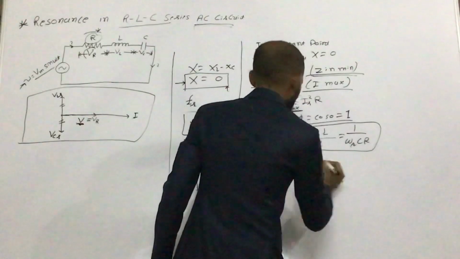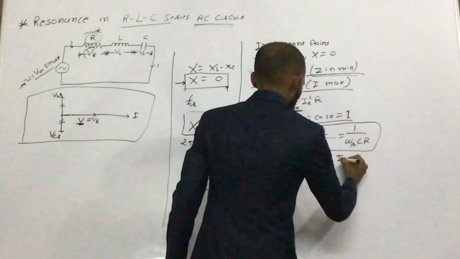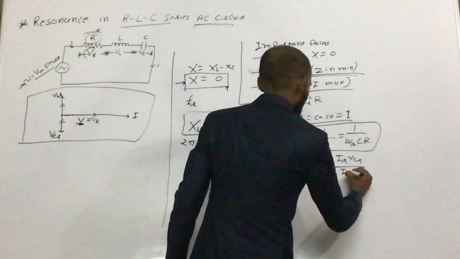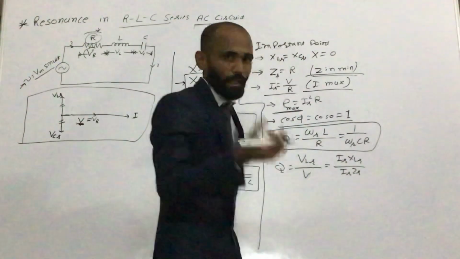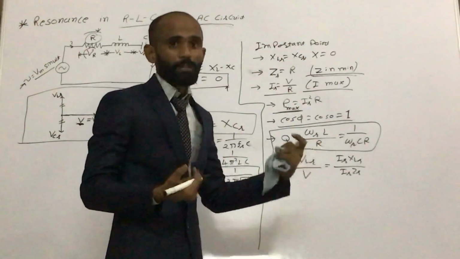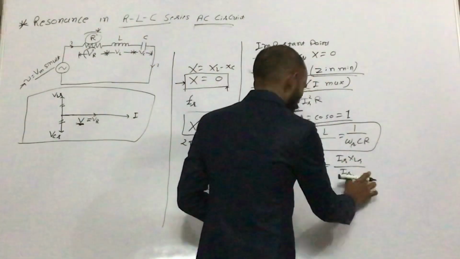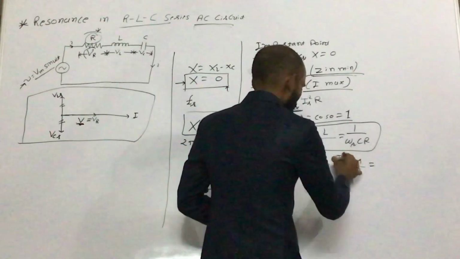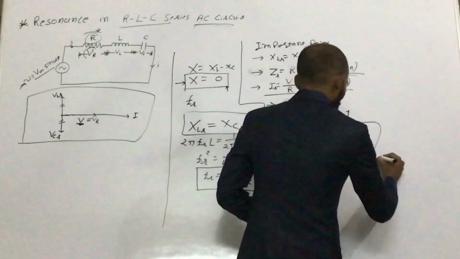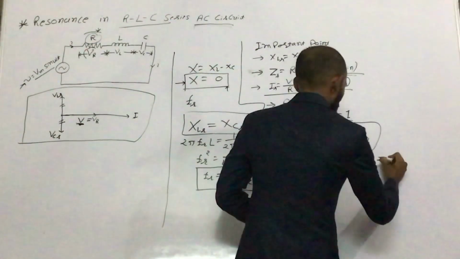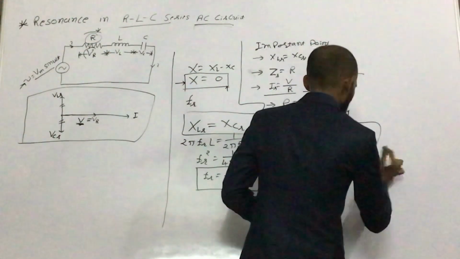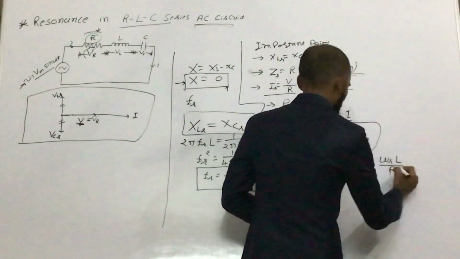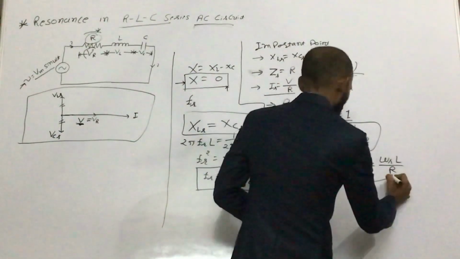Now we know that VLR is equal to IR into XLR, and this is equal to IR into ZR. ZR means the impedance of the circuit at resonance, which is equal to R. So here IR cancels out, XLR is equal to 2 pi f, or we can write it as omega R into L, and here simply R. So we can obtain the equation of quality factor.